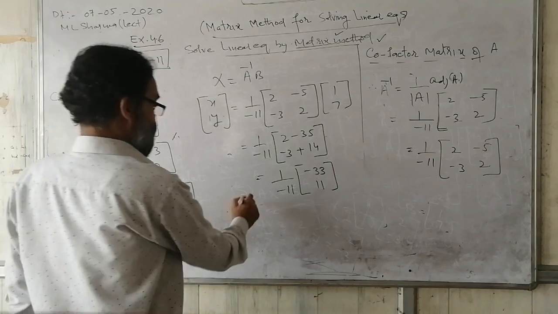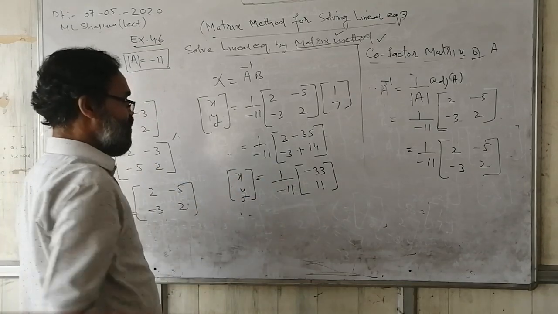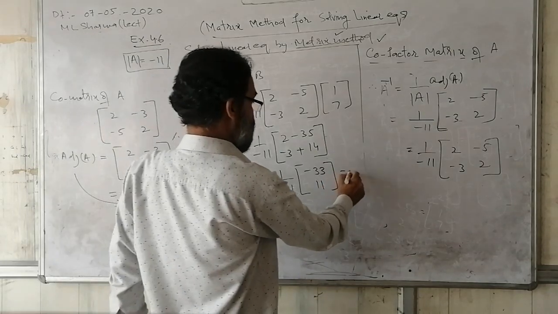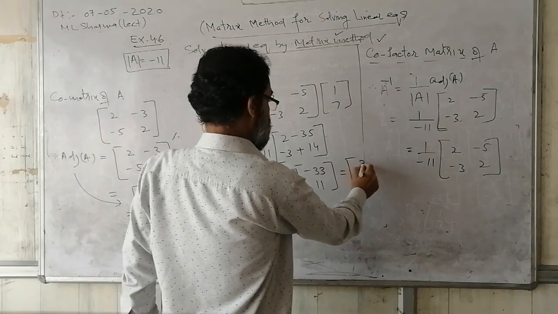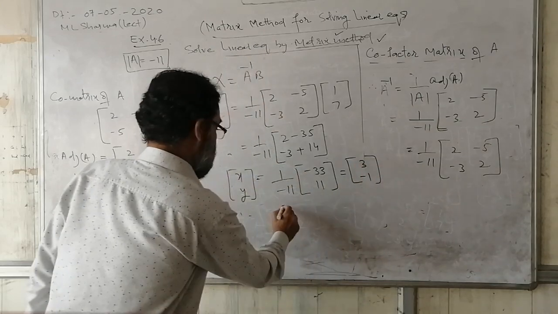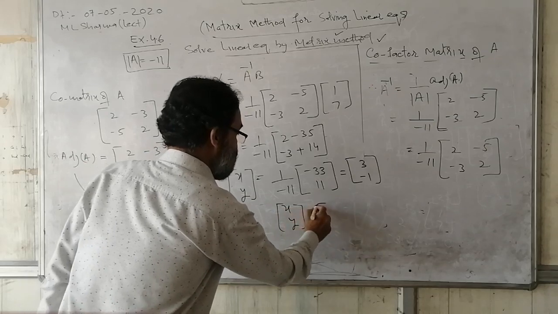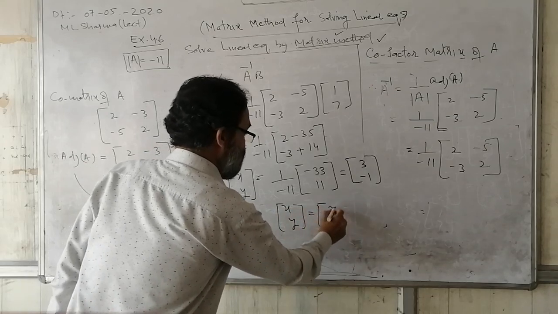So that means x, y equal to, this can be written as 3 and minus 1. So this x, y matrix is equal to this matrix.